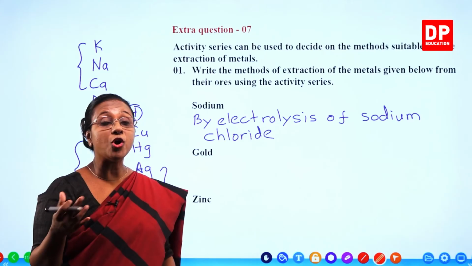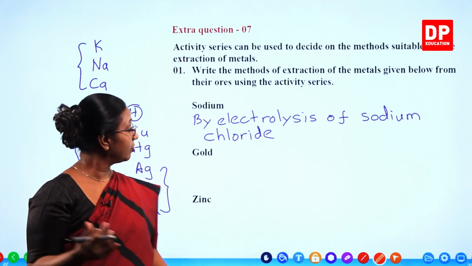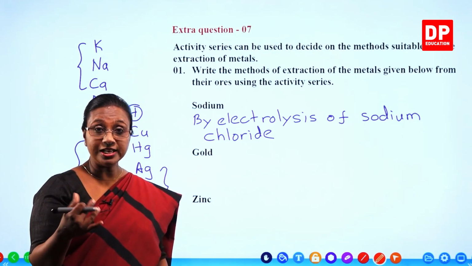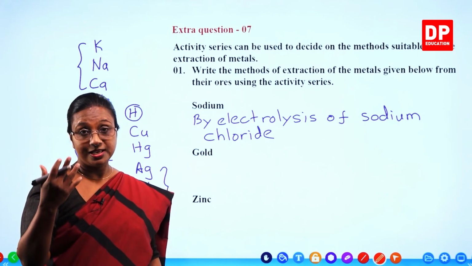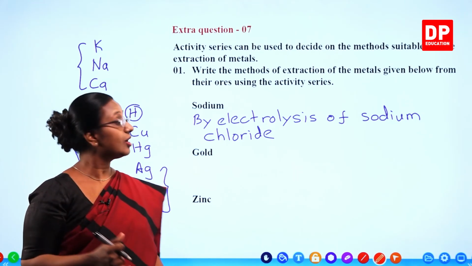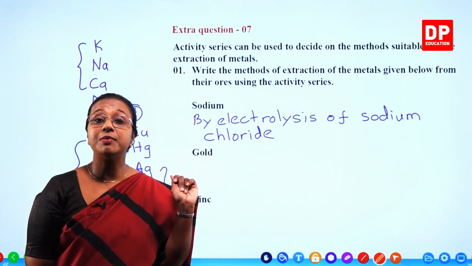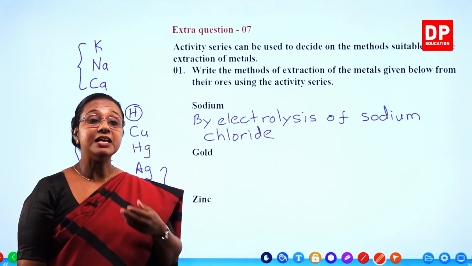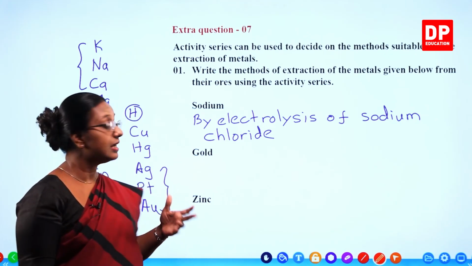You all know in seawater there is a lot of sodium chloride. So, we take sodium chloride, get the salt, and then the salt is made into liquid sodium chloride, and the electrolysis of liquid sodium chloride produces sodium metal.